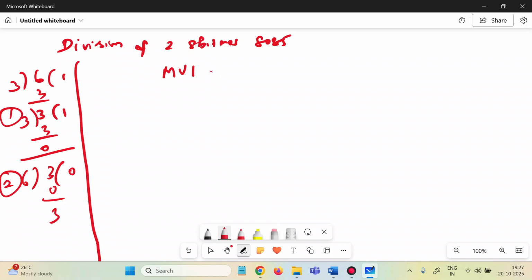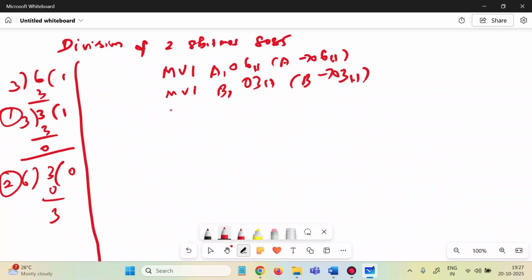Let's consider MVI A, 06H. So A is moved with 06H. That is the dividend. And MVI B, 03H. So you're going to do 6 by 3. So B is 03H.